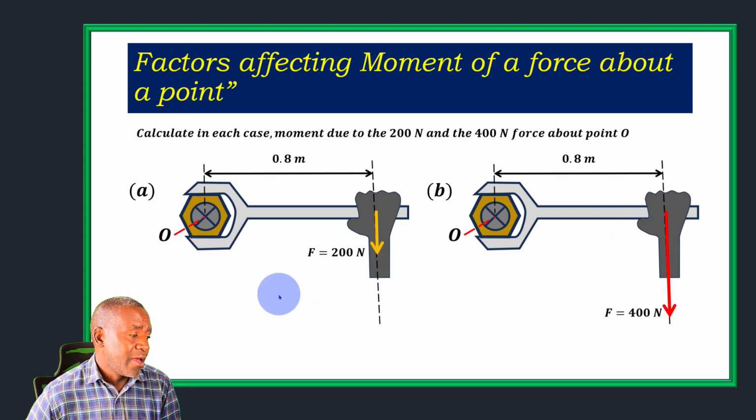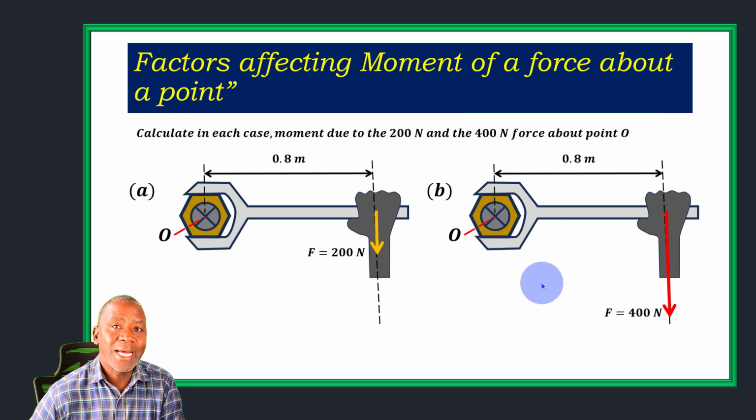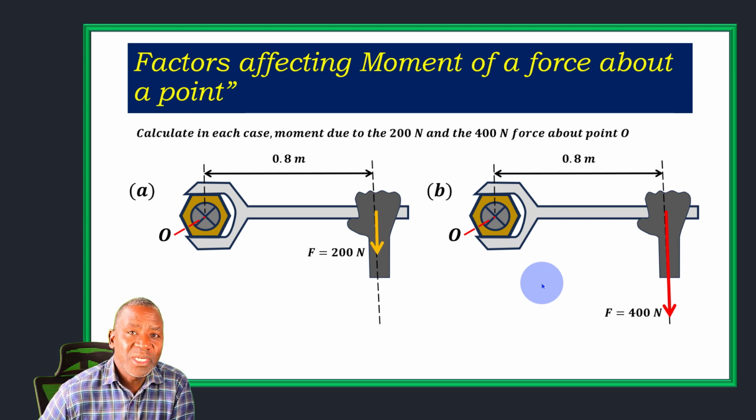You'll find that the moment due to the 200 Newton force about point O is 160 Newton meters clockwise in A, but in B, the moment due to the 400 Newton force about point O will be 320 Newton meters, again clockwise.